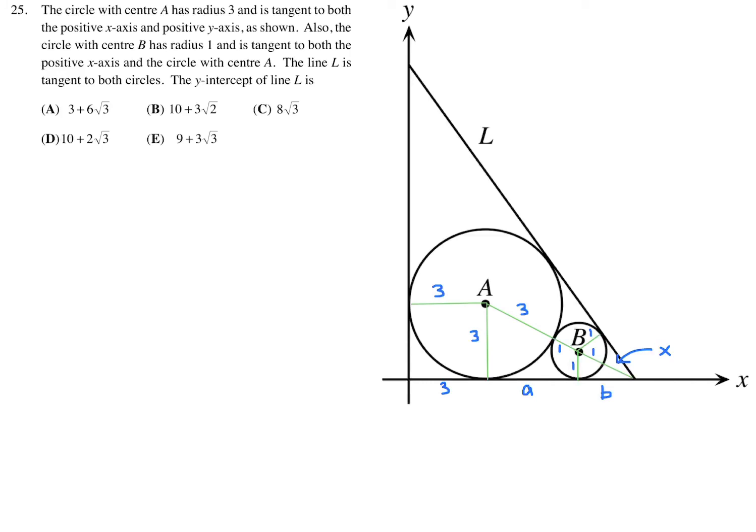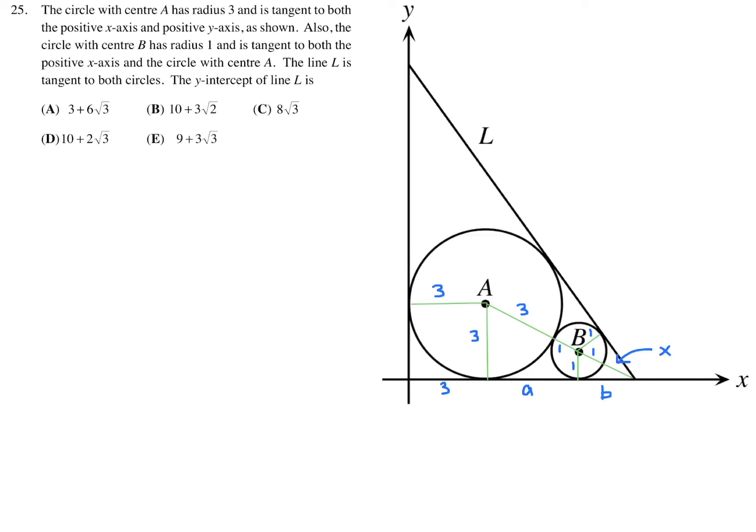So let's work with this. Let's see what we can find. Now the first thing I notice is that we have a similar triangle relationship. We have this triangle, and that triangle is similar to this one, this little one right here. All right? So because those triangles are similar, the ratio of the sides are the same.